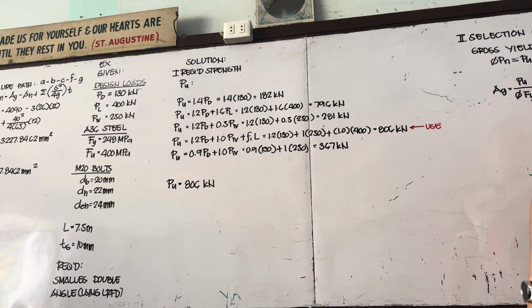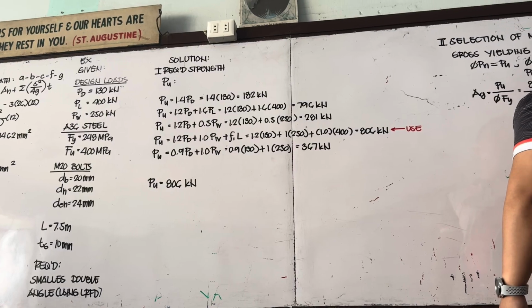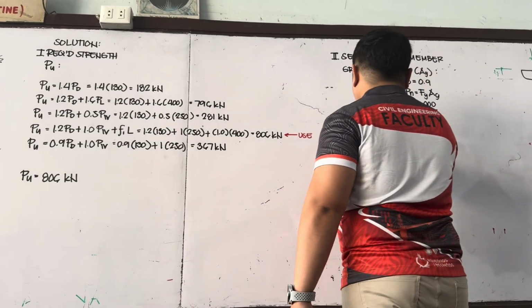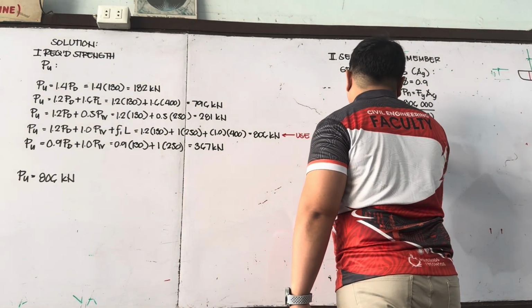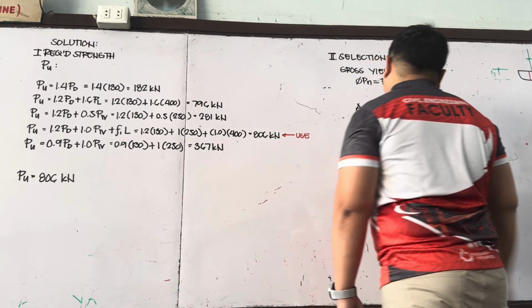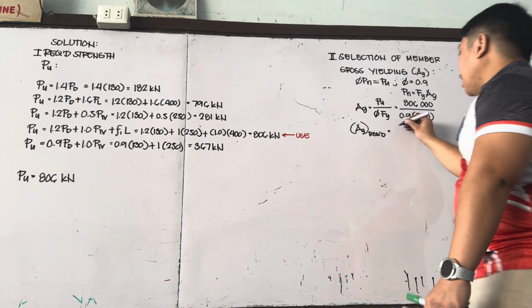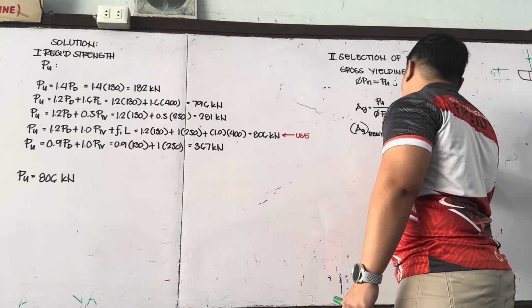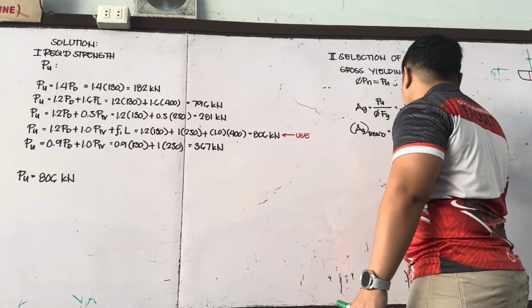So, that will become 806,000 all over 0.9 times ang FY ta is 240. Okay, so this will become our AG required. Pila ni siya? 3611.11.